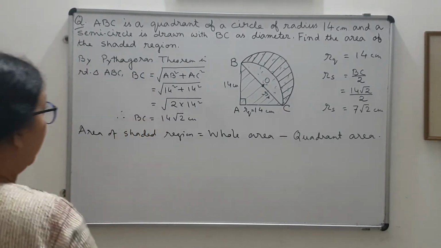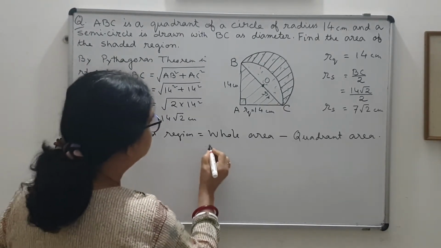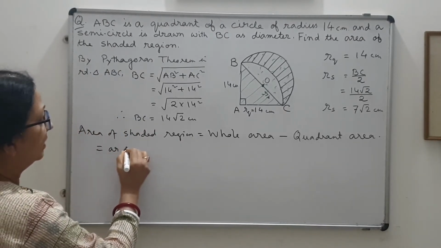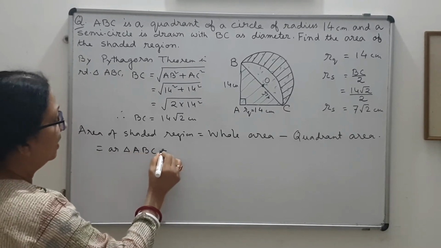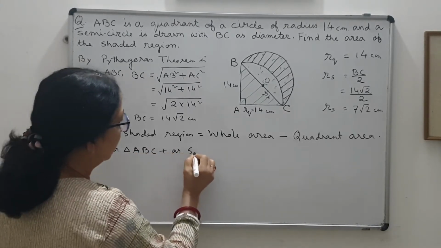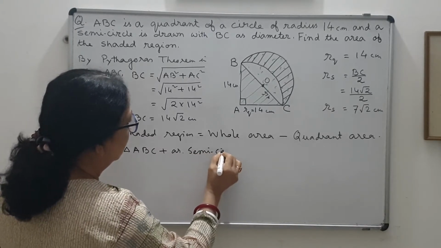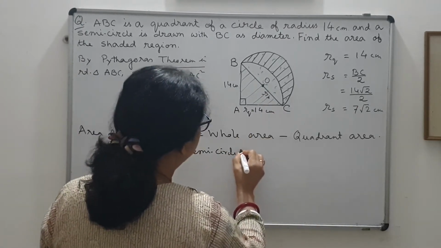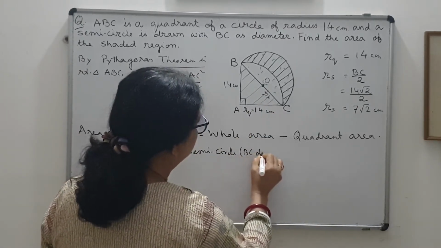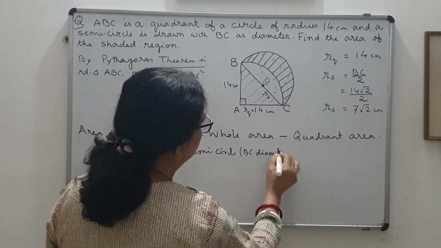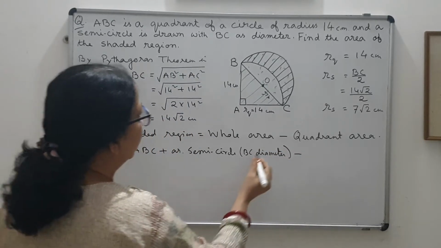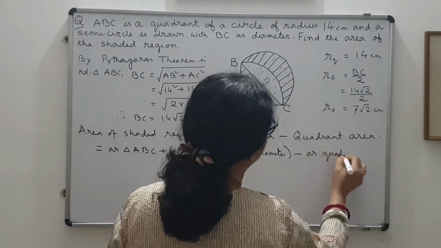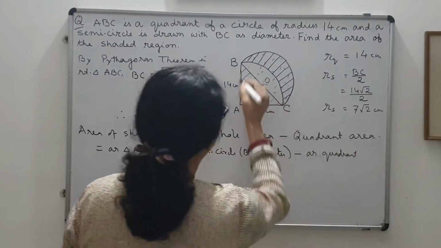So let me write down now. Whole area is the area of triangle ABC plus the area of the semicircle with BC as diameter, minus the quadrant area, that is the area of quadrant ABC.